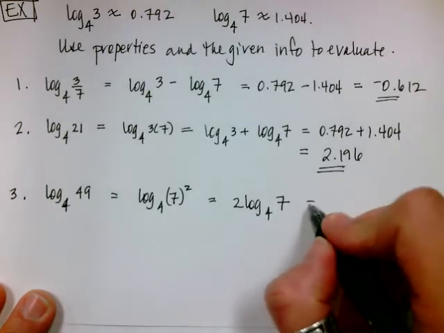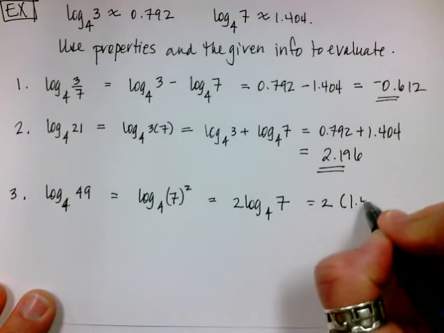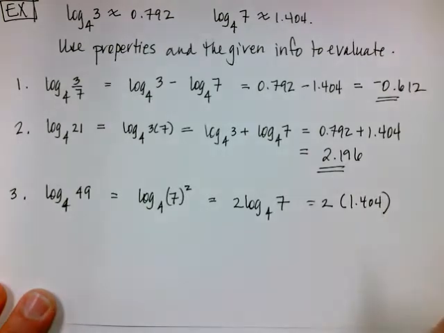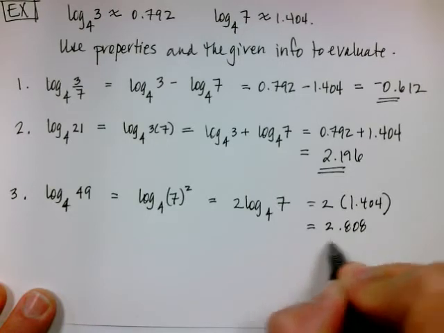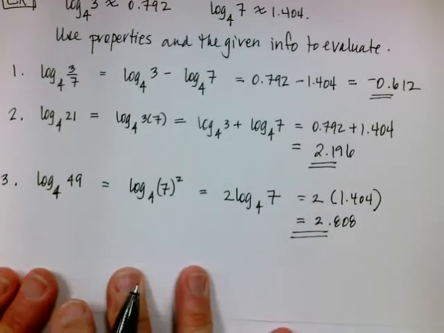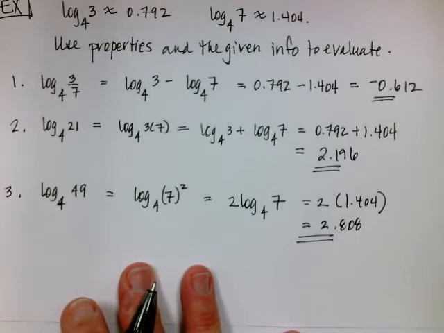And I know this value, so that's going to be 2 times the 1.404. So my answer for this one would be 2.808. So we won't do many of these, but a few. And we just use these to help us evaluate our logarithms.